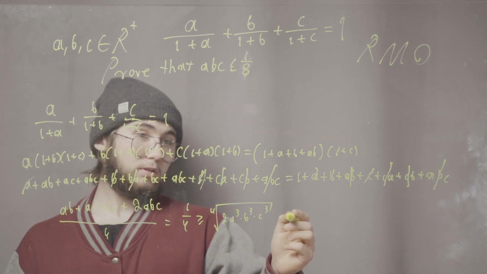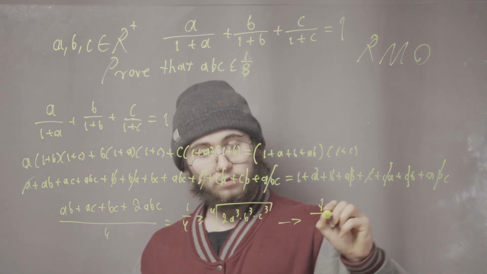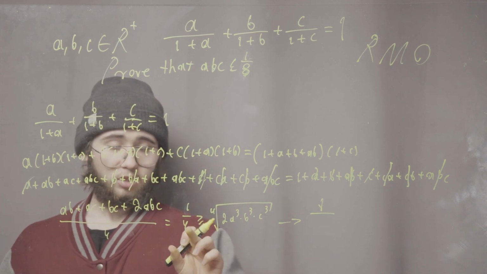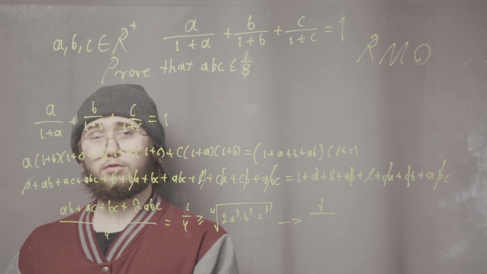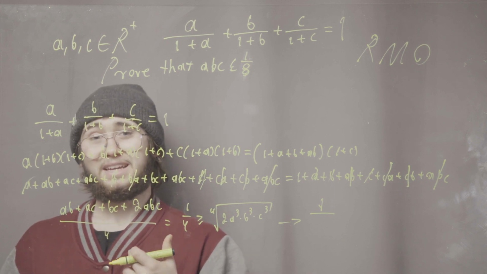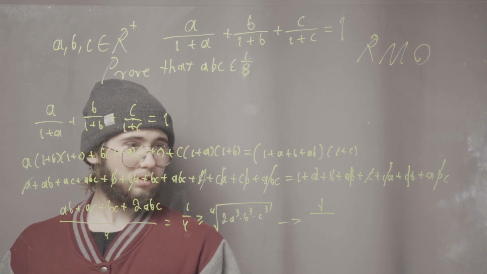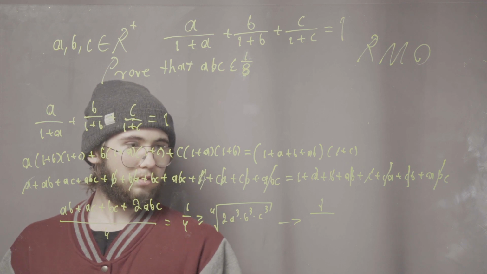And so what we're going to get is 1 over, and now I would like to change this 4 into 2 squared, so I will have 2 squared to the power of 4, so it's going to be 2 to the power of 4 times 2, am I right? Yes, to the power of 8.